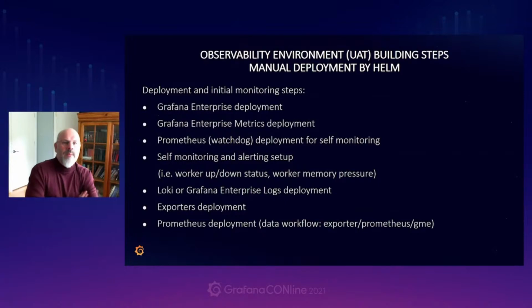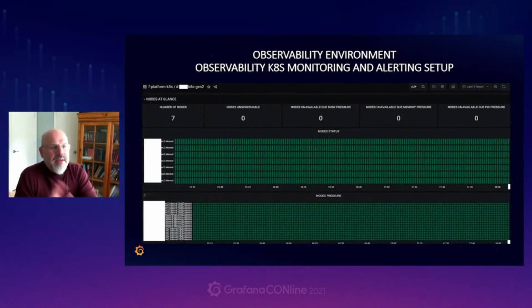So as I mentioned, we have to do some steps. First, we have to deploy Grafana Enterprise. Next would be Mimir or Cortex. After this, you have to deploy monitoring for the infrastructure itself. And later, you can deploy Loki, exporters, and the Prometheus deployment that would be your interface between your Mimir and your exporters.